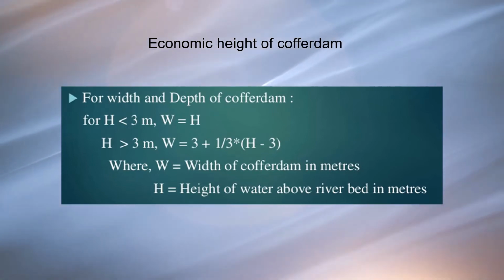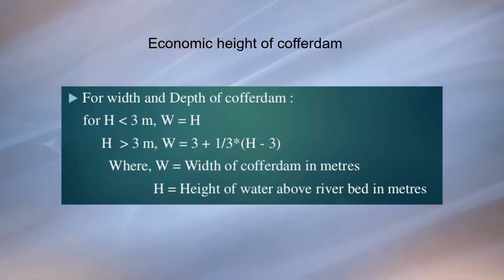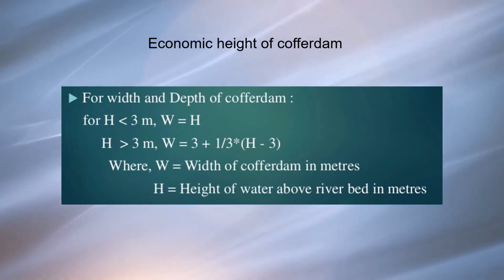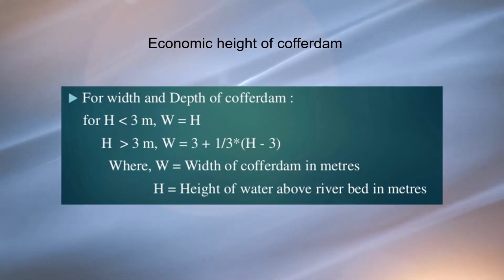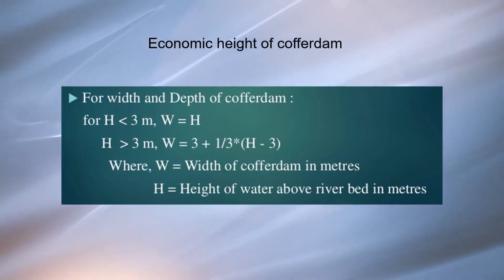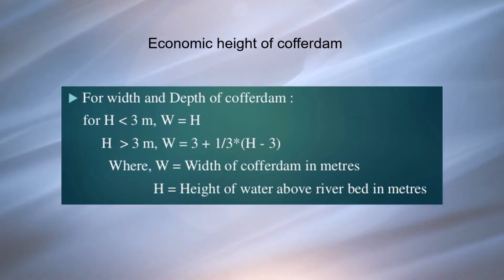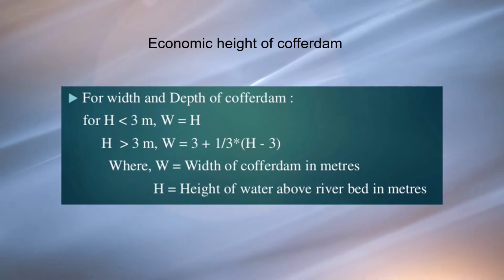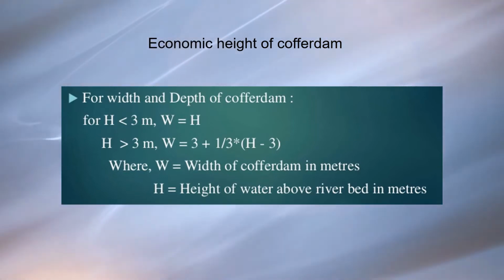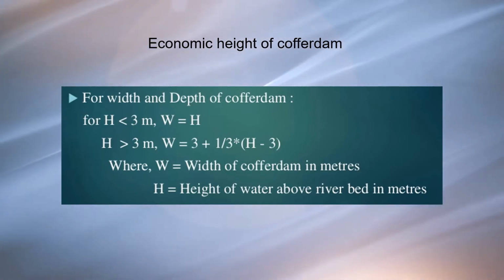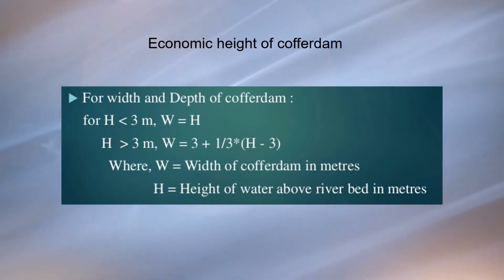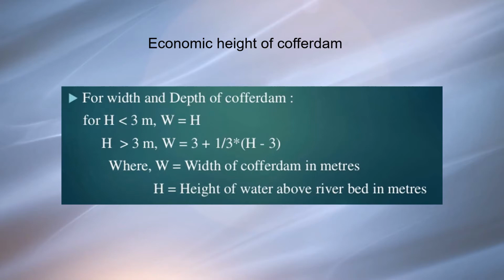Meanwhile, for high depth, sheet pile cofferdam can be used. Number 2. Depends on the current. For high current, sheet pile cofferdam can be used, which has higher seepage control capacity. Meanwhile, for low current, earth cofferdam or any other can be used, which has less seepage control capacity.